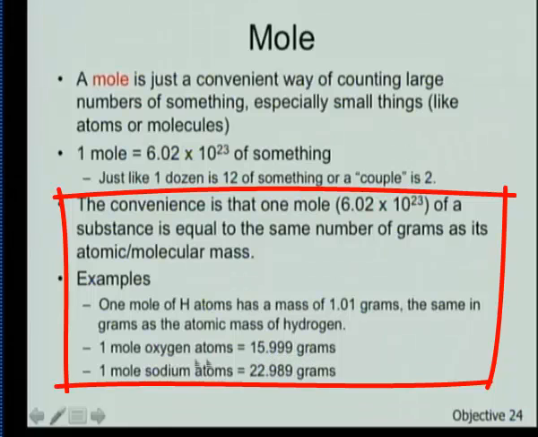So if you had 6.023 times 10 to the 23rd oxygen atoms, you have that many grams of oxygen. If you have 6.023 times 10 to the 23rd sodium atoms, you have that many grams.